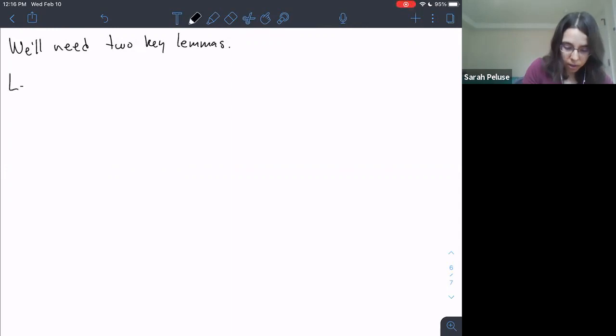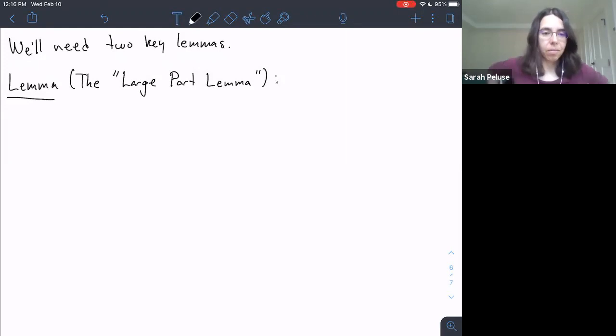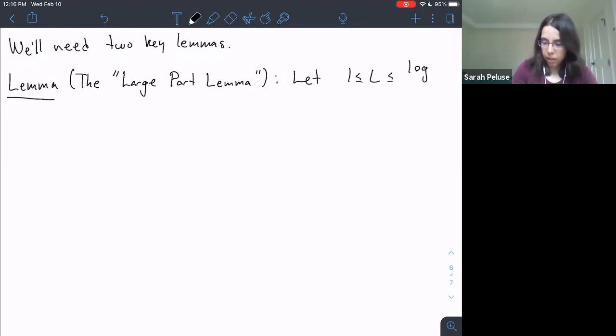So the first I'll call the large part lemma. I'll write it down and then tell you intuitively what it's saying. We let L be some parameter smaller than log n over log log n.